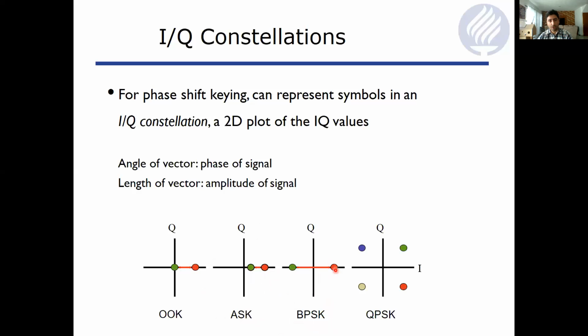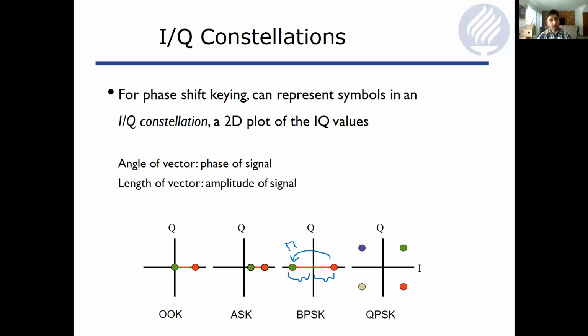You can see the amplitude of these two signals is equal, because you remember the length of this is the amplitude. This length is equal to this length. So the power of the signal, or the amplitude, is the same, but what is changing is the phase. This one has zero phase, and this green one has a phase of pi, 180 degrees.